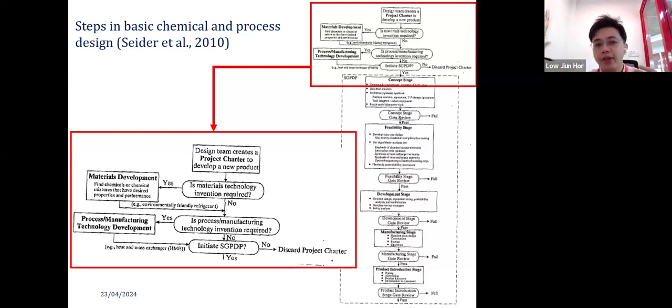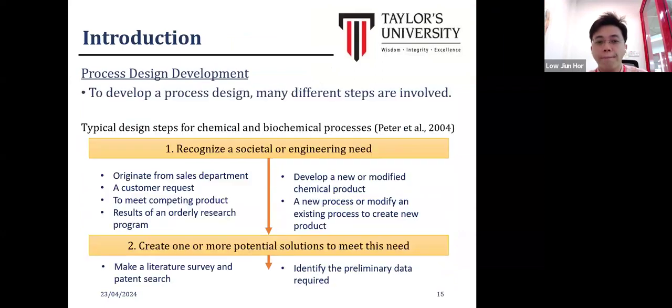But among them, the most common one that we normally apply to assist our chemical plant design is the one that proposed by Shidou and also Peter. So that's why in this lecture, we will mainly focus on the framework or the guideline that proposed or recommended by Peter and Shidou. So far, any question before I explain to you step by step?